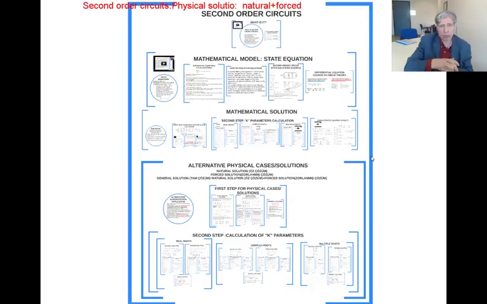This mathematical model is an ordinary differential equation, and in circuit theory we give it a special name, state equation. They don't use this term in a differential equations course.